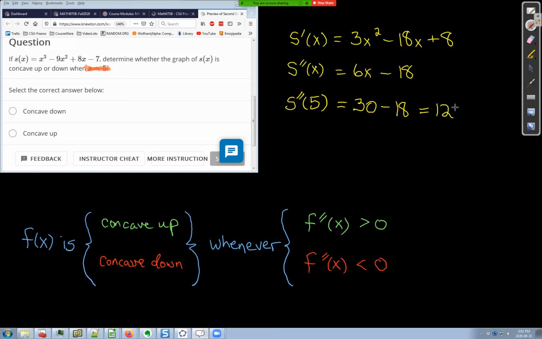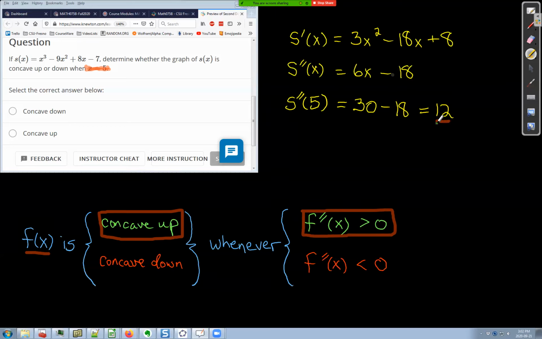And that is a positive number, and so that tells me that we should be concave up. I don't care what the graph of the second derivative looks like.